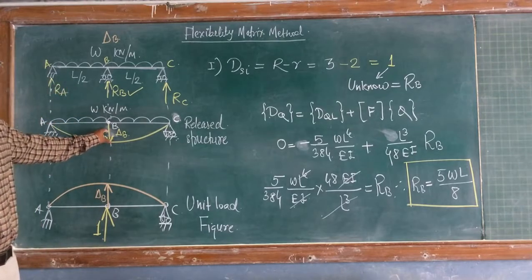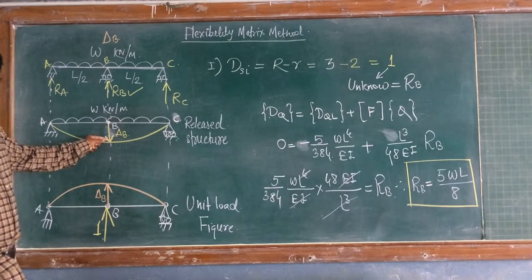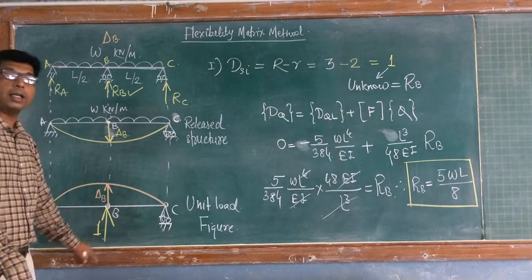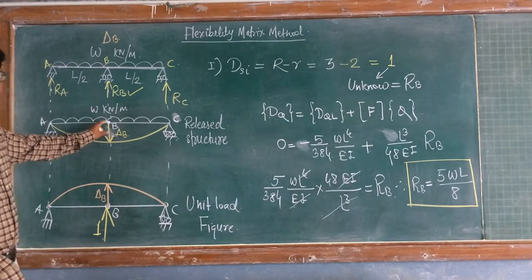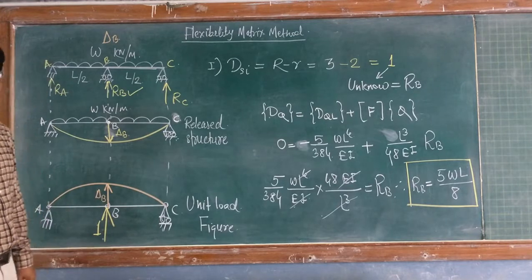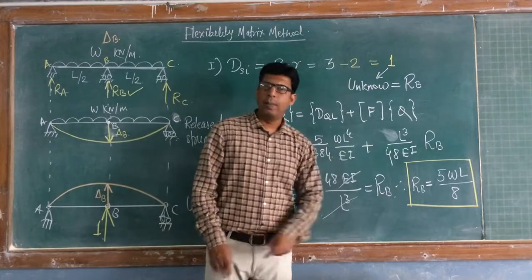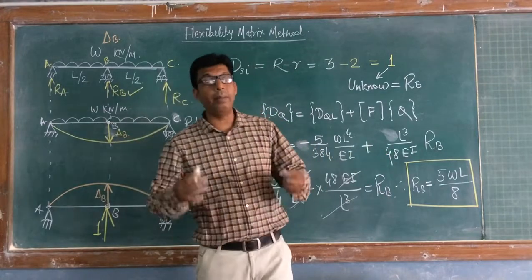Of course, in this problem the release structure figure as well as the unit load figures are standard cases: a simply supported beam subjected to UDL and a simply supported beam subjected to central point load. So it's very simple to write down the deflection formulas.